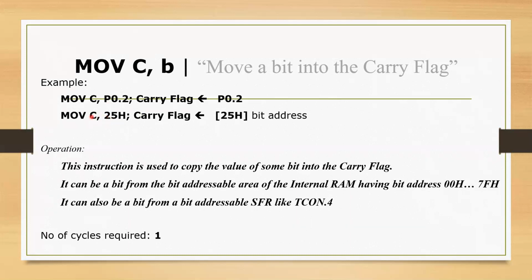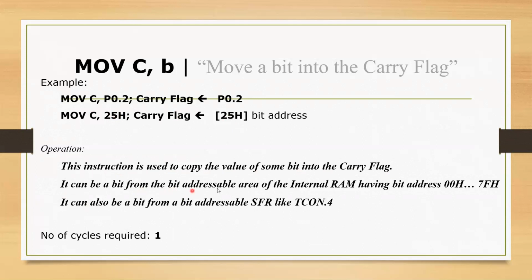So from bit location 25, whatever the bit in this location, it may be 1 or 0, is copied to the carry flag. So the carry flag will get the value from bit location 25 hex of the internal RAM. The instruction is used to copy the value of some bit into the carry flag.